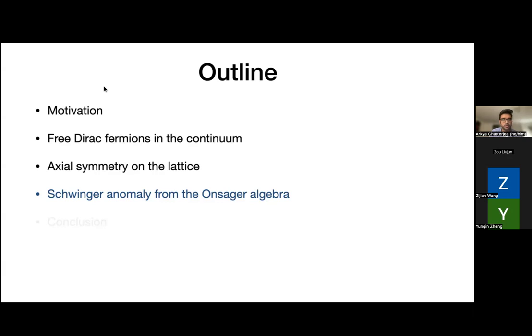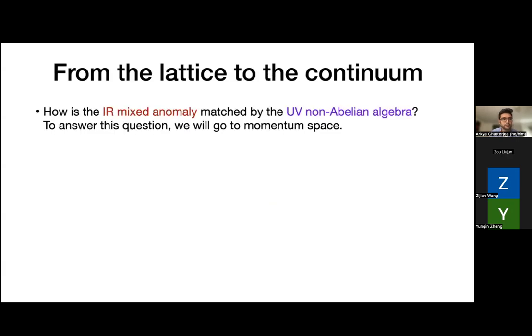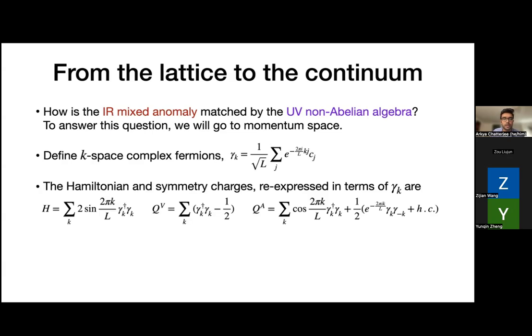Let me move on to discussing how the anomaly emerges from the lattice symmetry. To answer this question, we'll go to momentum space. We'll define the k-space complex fermions, which we'll call gamma k. They're defined like so, and we rewrite our Hamiltonian and our symmetry charges in terms of these gamma k.